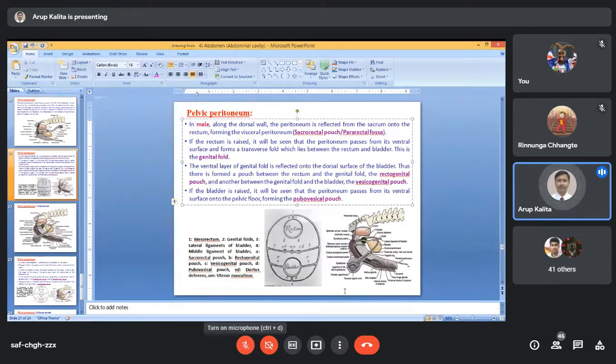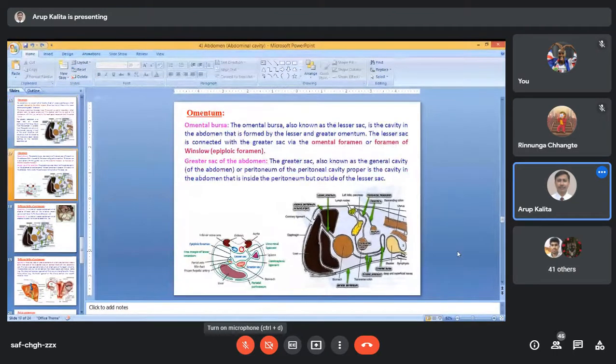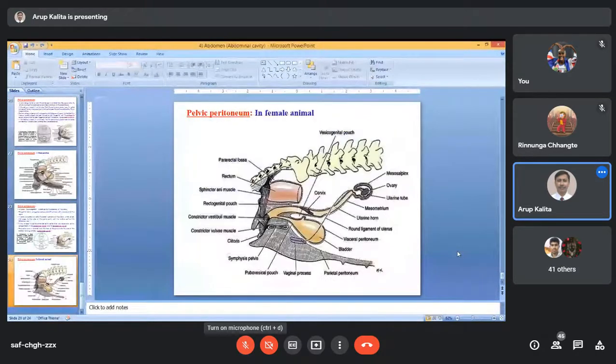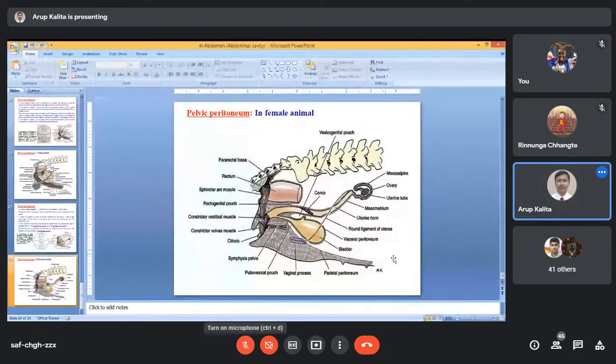Now in the female, I already explained, this is the female. Now what about the genital fold here?